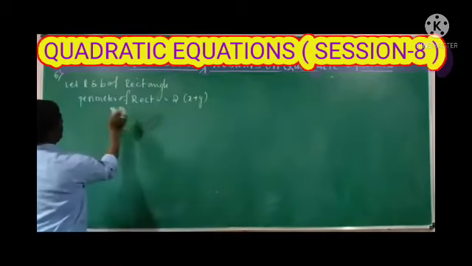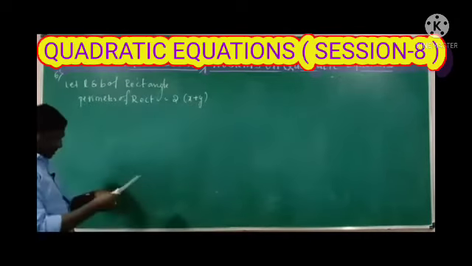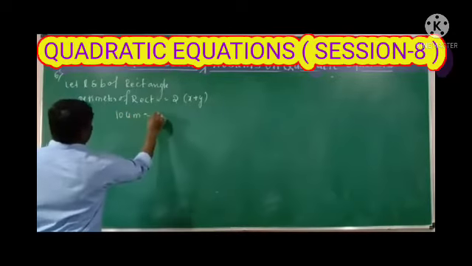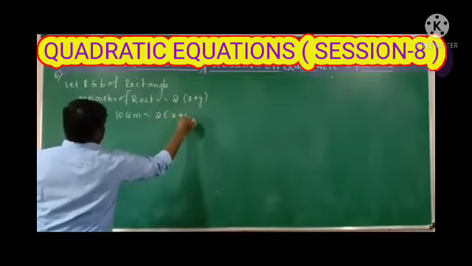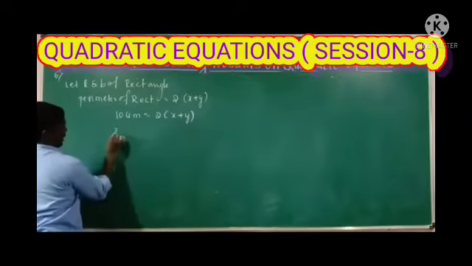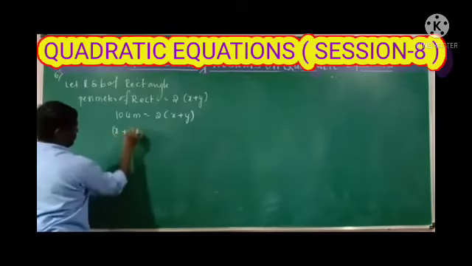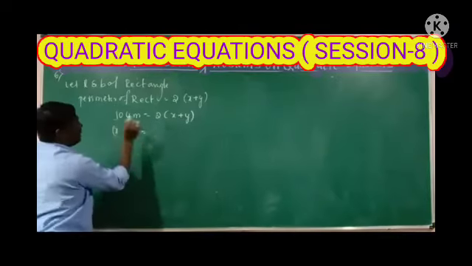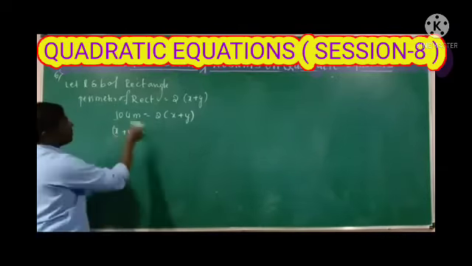Now perimeter of the rectangle is already given, that is 104 meter, which is equal to 2 into x plus y. Now x plus y is equal to, just take this 2 to the place of denominator, cross multiplying, 104 divided by 2 is nothing but 52 meter.